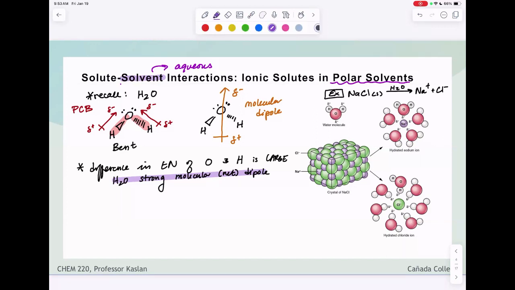Why have those ionic bonds been broken? What is it about water that allows it to do this? Why can't it disrupt the ionic bonding, which is pretty strong bonding between these two substances?